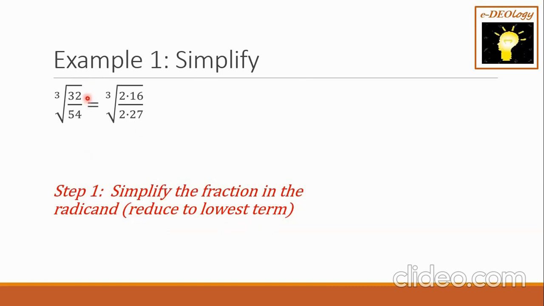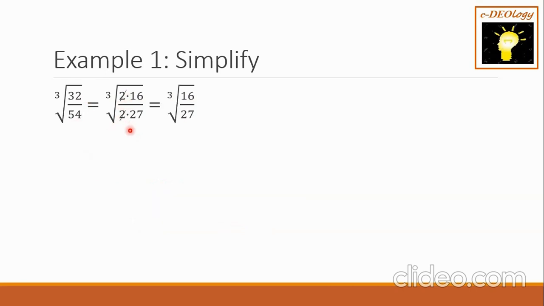You see, 32 is factored into 2 times 16, and 54 is factored into 2 times 27, and the number 2 in the numerator and in the denominator is common, so we can cancel. So now the radical is simplified into the cube root of 16 over 27.